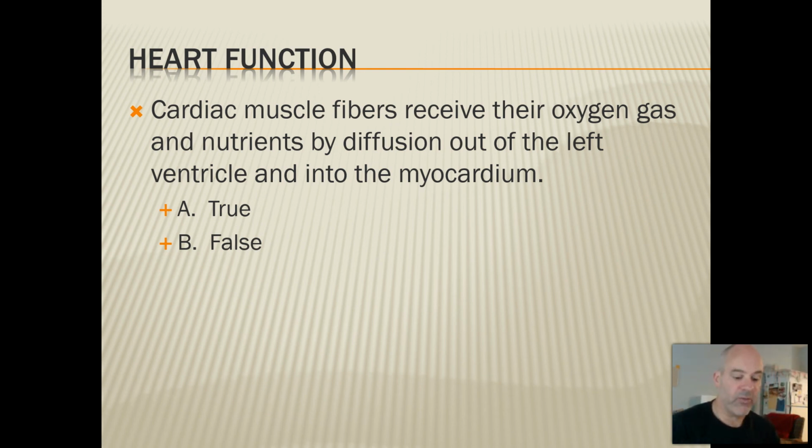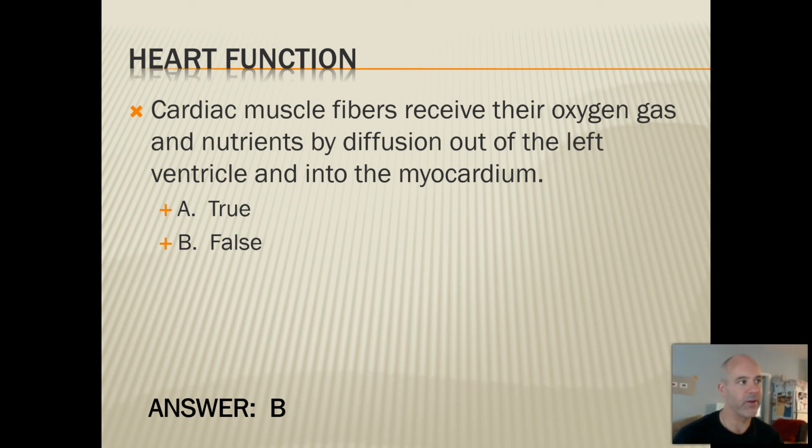Now, hopefully you're answering false on that, because the whole purpose of your coronary circuit, all these coronary blood vessels, coronary arteries and veins, is to make sure you're circulating blood to the wall of the heart itself, the myocardium. The myocardium cannot receive all of its oxygen and nutrients just by simple diffusion out of the left ventricle. If you just think about that, that would be extremely difficult.